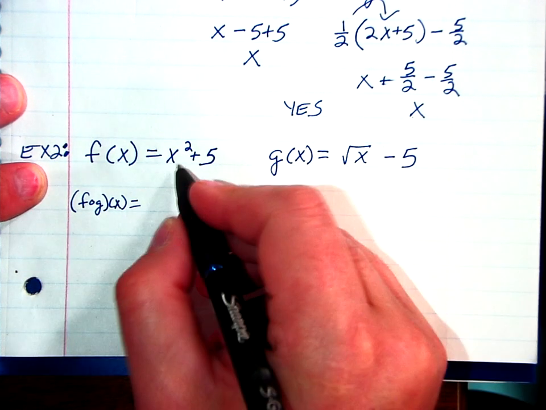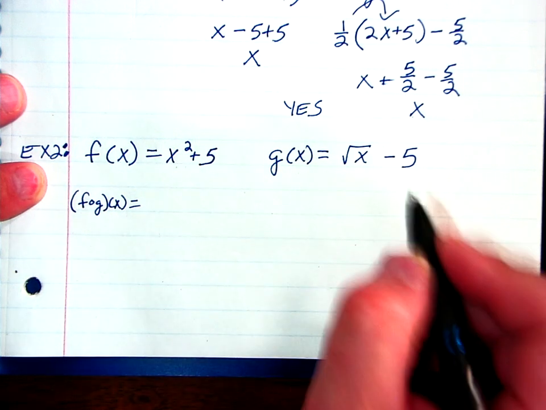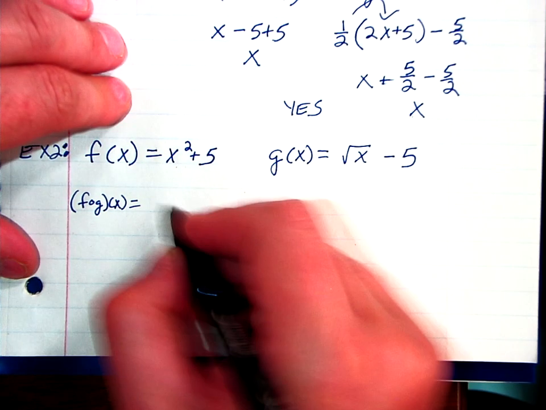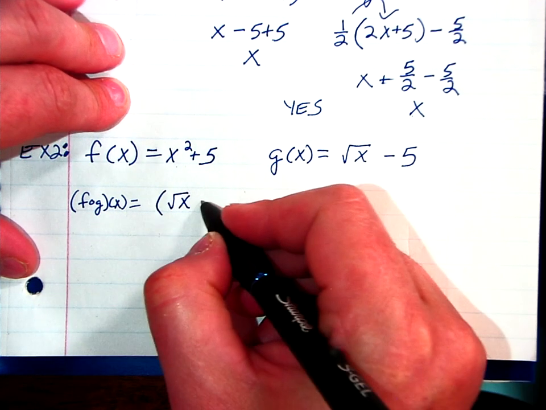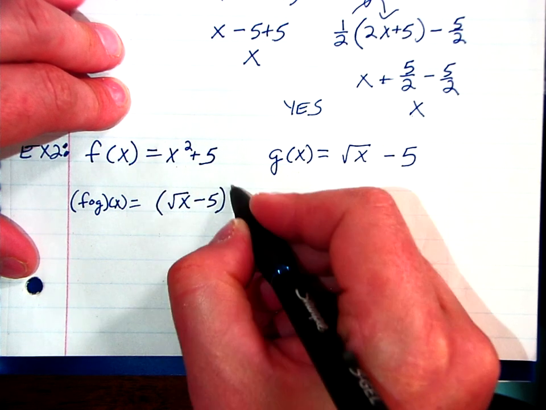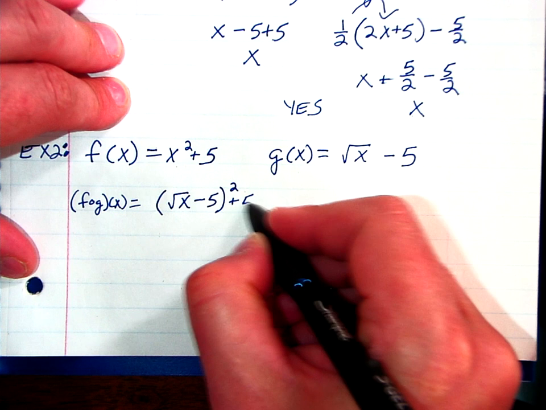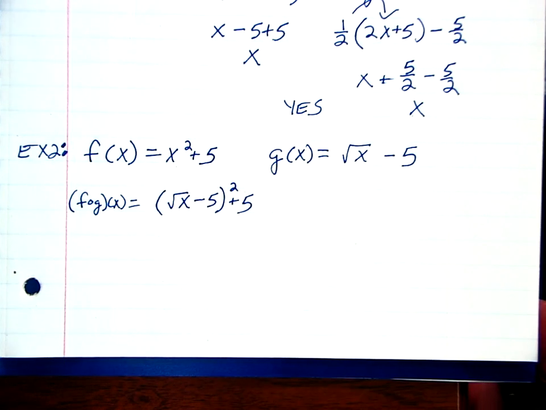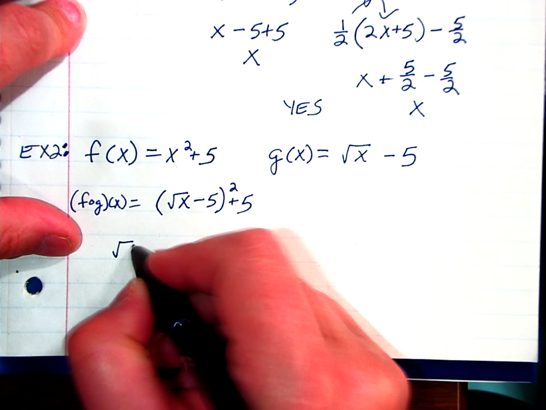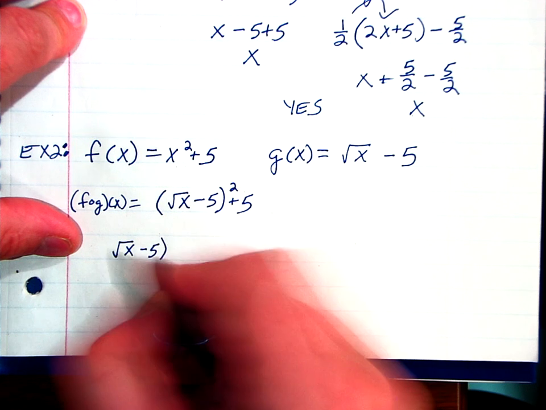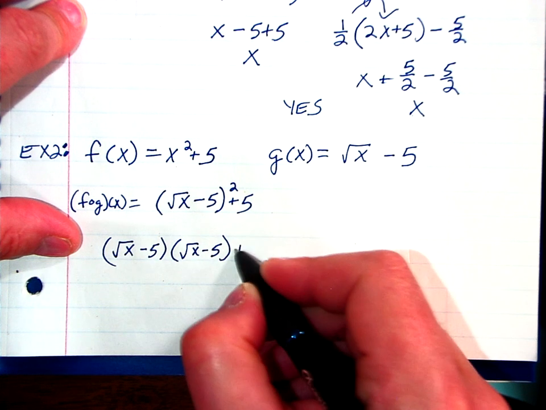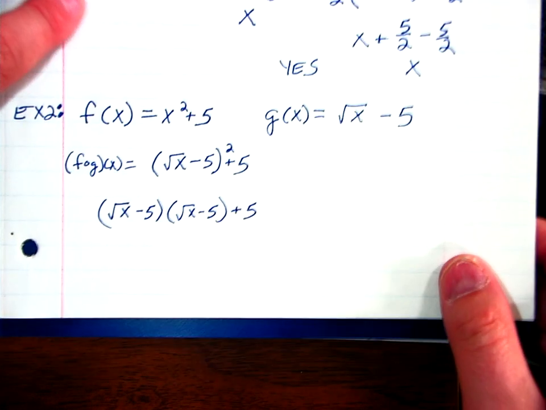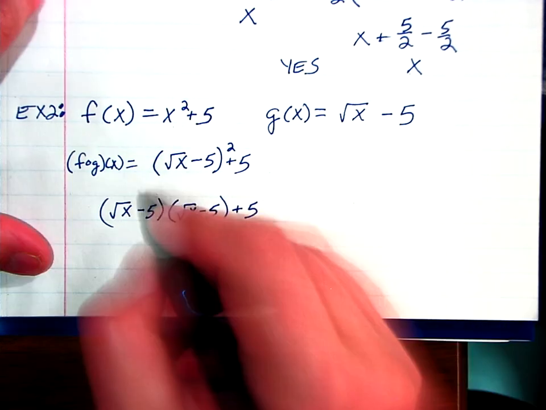So we'd start off with f of x, and wherever we have an x, we replace it with g. So I'm going to put this in parentheses. Square root of x minus 5, squared, plus 5. So now we're going to take square root of x minus 5 and multiply it by itself. And now we're going to do distributive property.